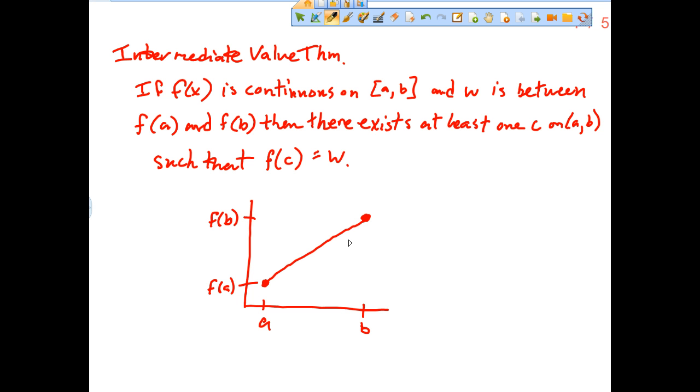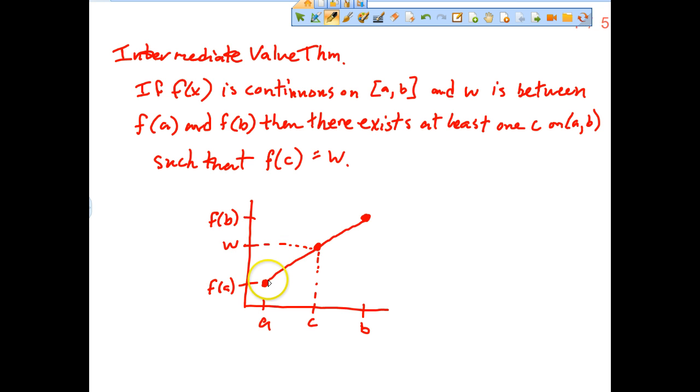So this is the most basic picture that we can draw. Now, I read along. It says, and w is between f of a and f of b. So there's some w here. Now, w really just refers to any y value in between f of a and f of b. Then there must exist a c in between a and b such that f of c equals w, meaning an x value of c leads you to a y value of w.